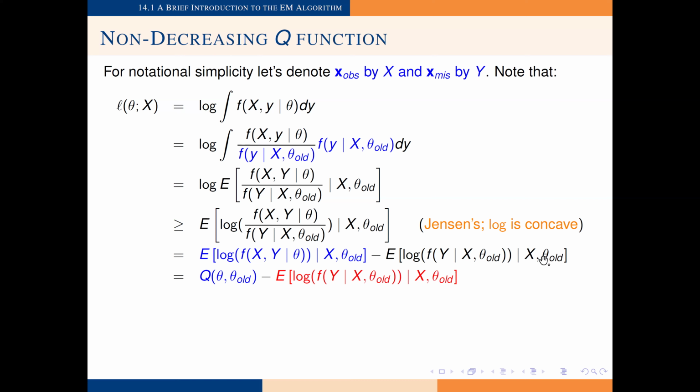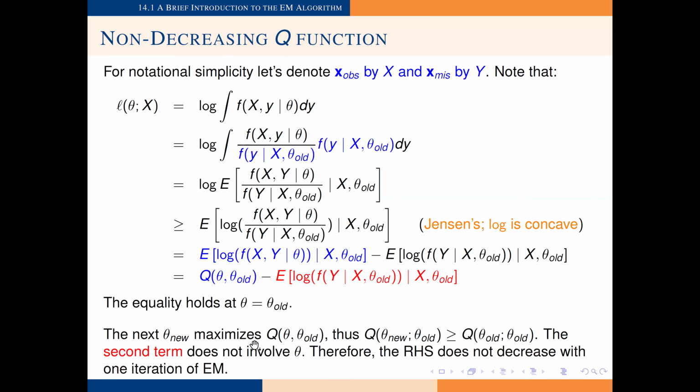This red term is just this thing on the right, and it does not involve theta, meaning that when you change the theta value, this thing is not going to change.